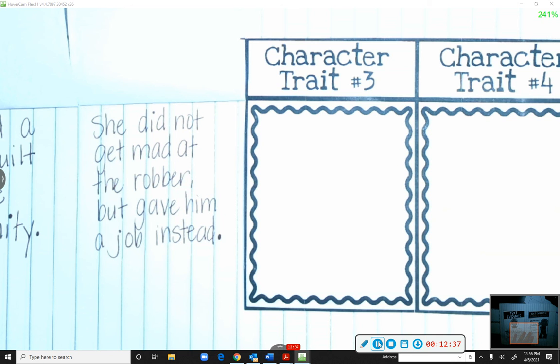Okay, we could be a little bit better than that about finding evidence to support that. That kind of sounds made up. What did she specifically do? She was happy to see faces, but when was she happy to see faces? When she made everyone happy. When she made everyone happy by giving them food, helping them.